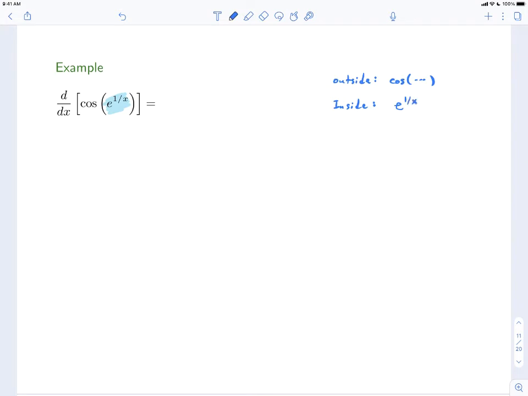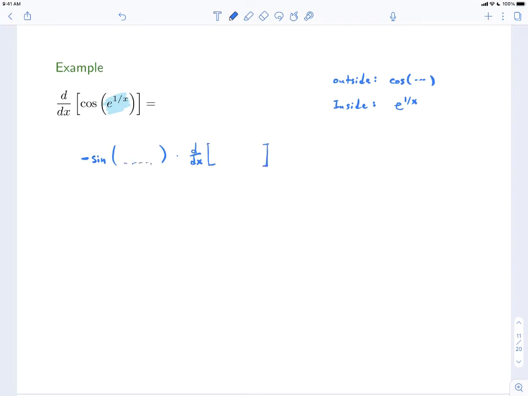Let's approach this the way that we always do: it's the derivative of the outside times the derivative of the inside. The derivative of cosine is the opposite of sine of whatever, times the derivative with respect to x of whatever goes inside.